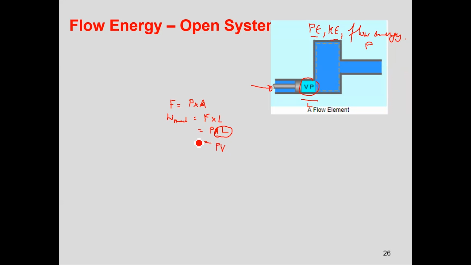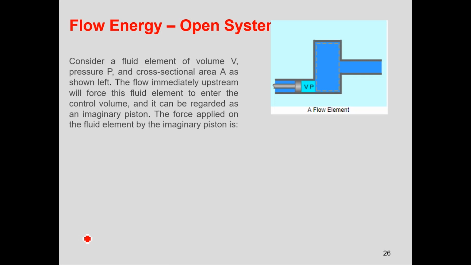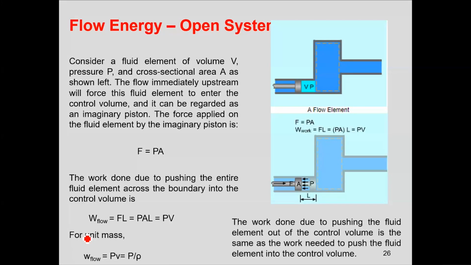So PV is the mechanical work associated with the flowing fluid. Expressed per unit mass, the flow work is pressure multiplied by the specific volume. This is what we already learned in chapter 2, and you've seen this slide before.